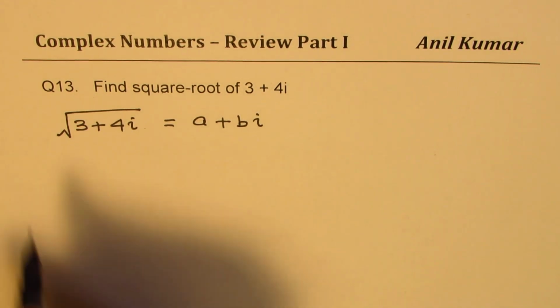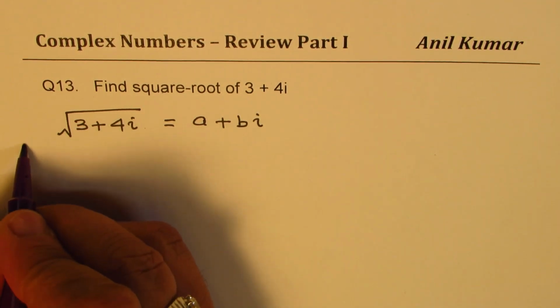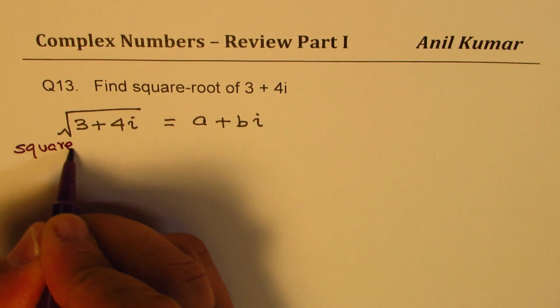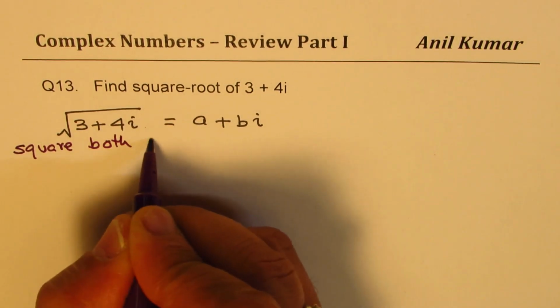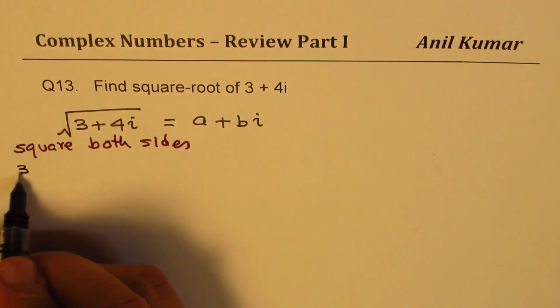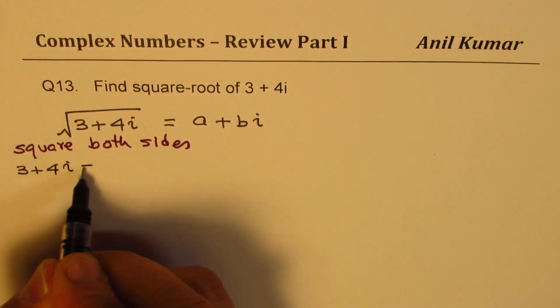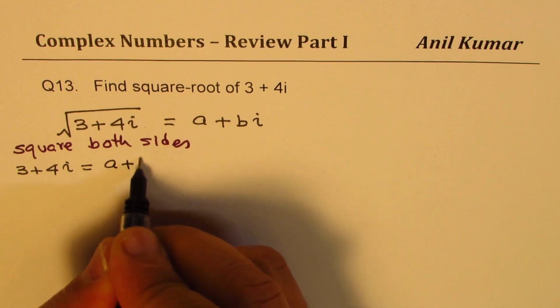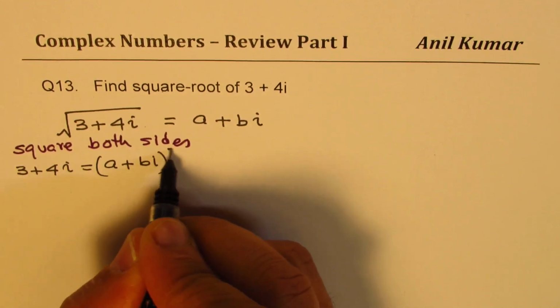So we could square both sides. So at this stage, let us square both sides. In that case, you get 3 plus 4i equals a plus bi whole square.